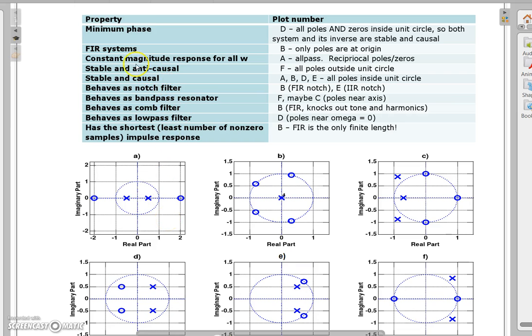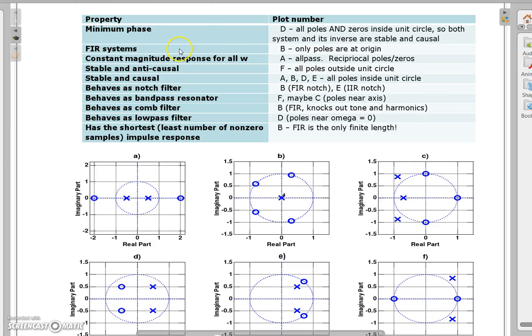All right, the next two are stable and anticausal and stable and causal. So what you may remember is if we're anticausal, the ROC is basically inside the poles, so in this case, for example, it's whatever is inside this pole.